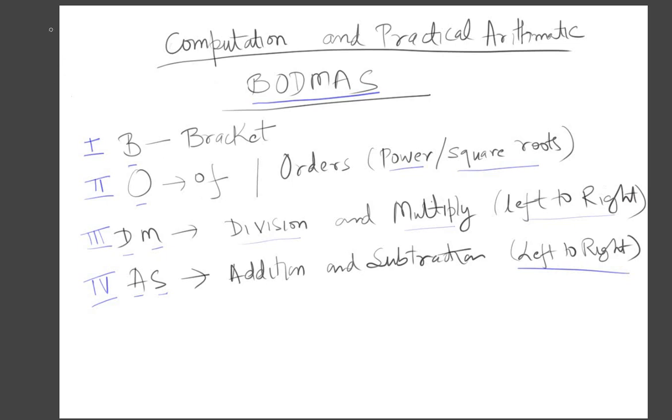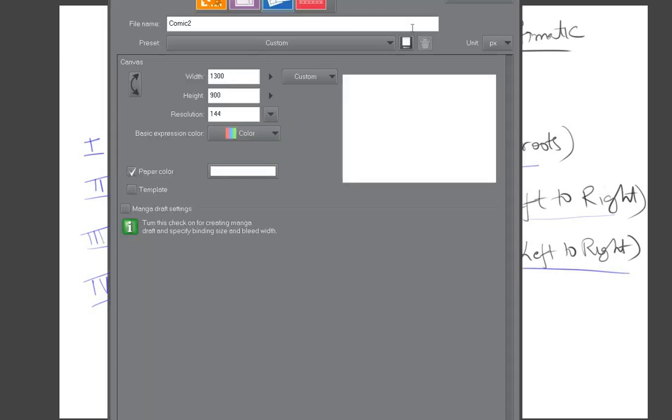Now let's do a quick example to illustrate what BODMAS is. I am going to pick one expression, 3 plus 6 times 8, and I'm going to do another one which says 3 times 6 plus 8.